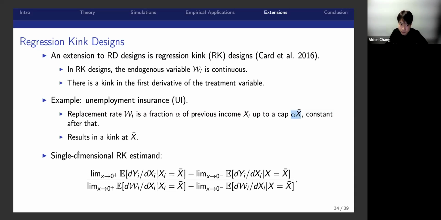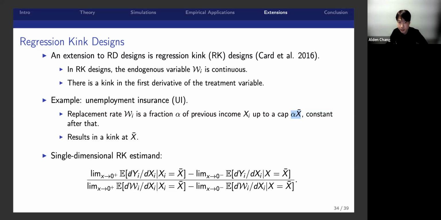And the RK basically can estimate the effects of additional UI benefits on some outcome of interest, which is often job finding probability. And the way they do this looks actually a lot like the fuzzy RD design, where we take the ratio of the difference in CEFs for the outcome and for the treatment variable.